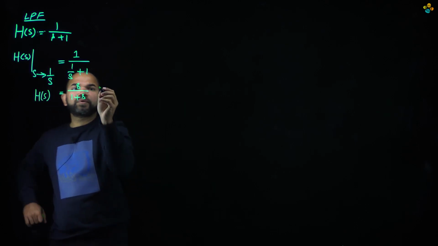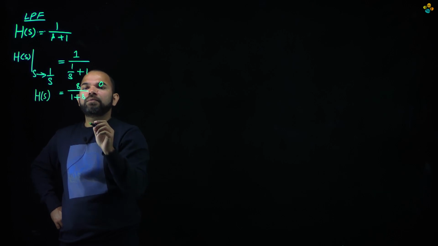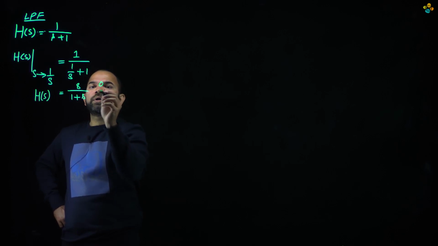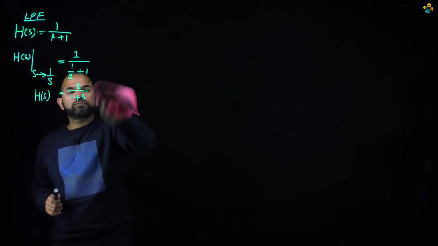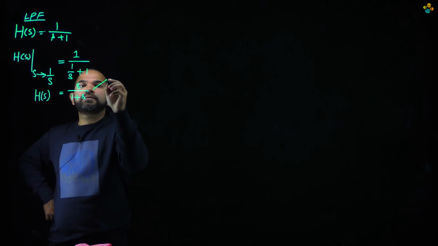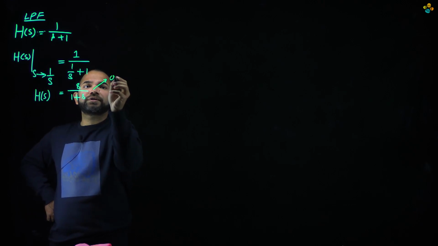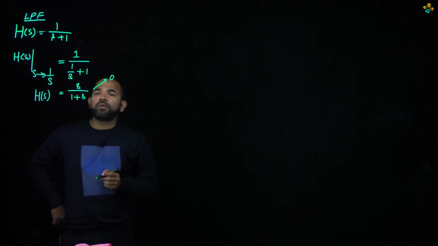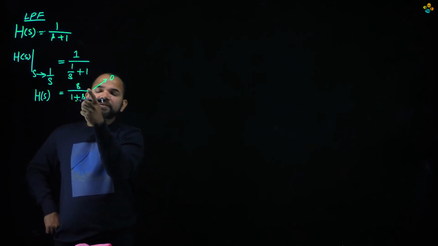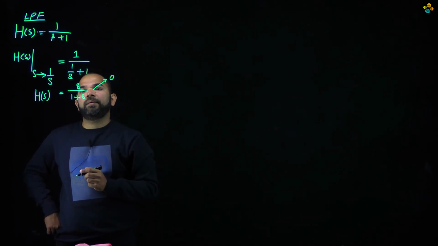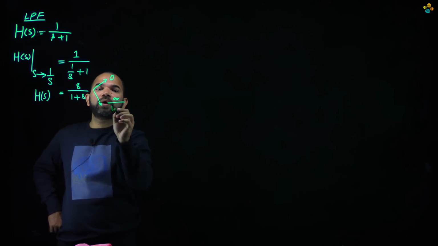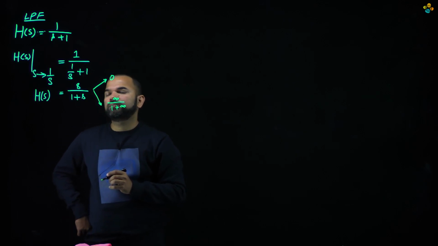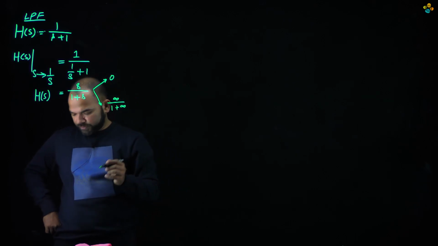When S is approaching 0, this is 0 upon 1, and it comes out to be 0. So for lower frequencies, S equals 0, this transfer function gives us a 0. When we make S approach infinity, what is going to happen? This is going to be infinity divided by 1 plus infinity. So this is not defined.